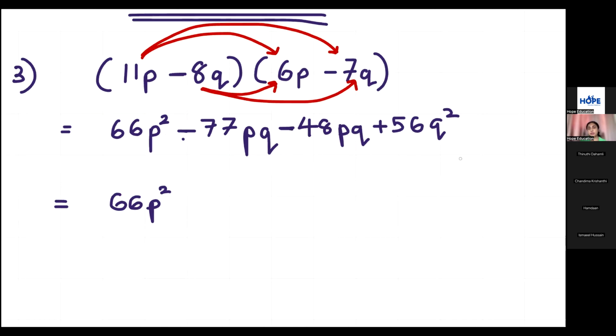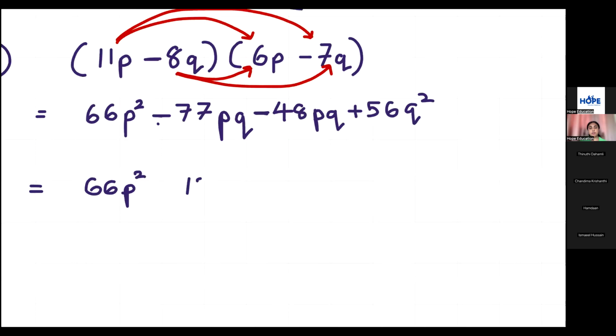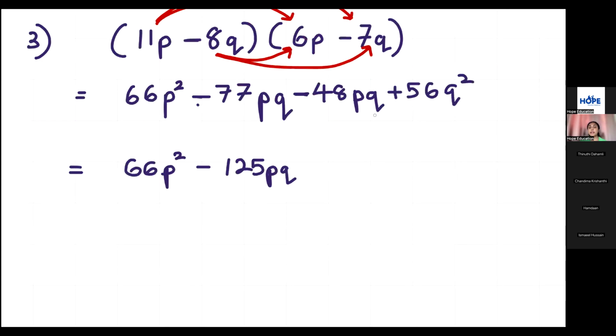So 77, 48. 7 plus 8 is 15. 7 plus 1 is 8. 8 plus 4 is 12. That is 125. So 125pq. Then again the sign is minus, so the answer also gets minus. And here we have plus 56q squared.